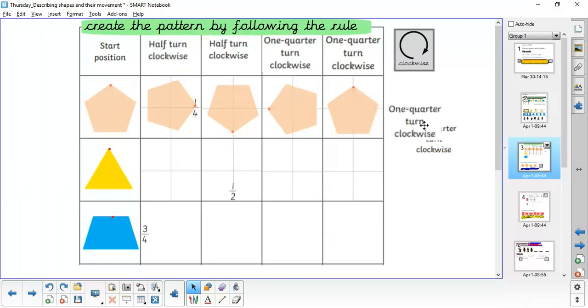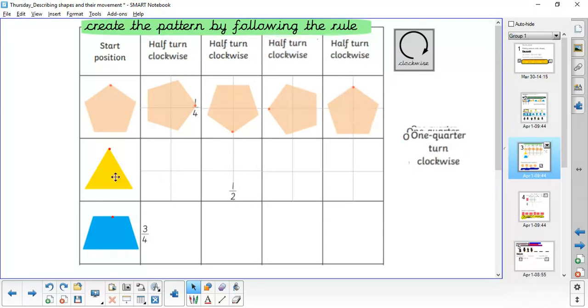Okay, I'm going to change what the rule is now. So this time round with the triangle, sorry, the rule's been changed. I'm going to have to look at the pattern. So here is my start position. And it now says half turn clockwise.